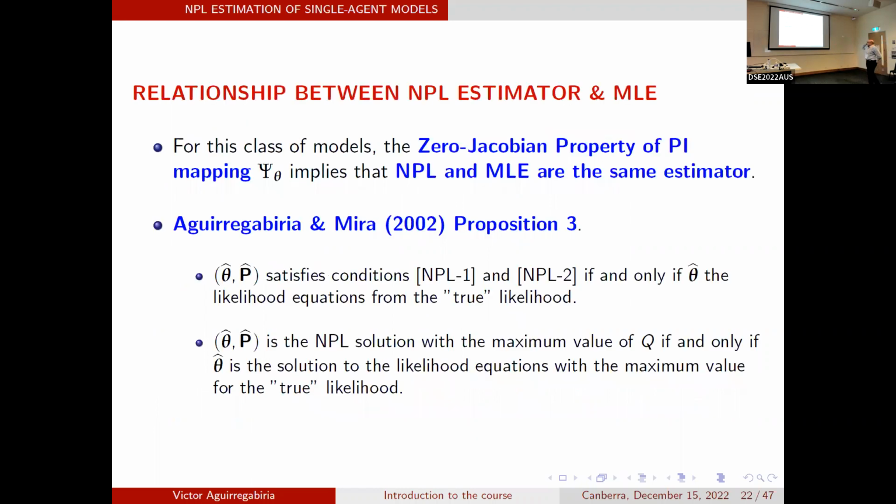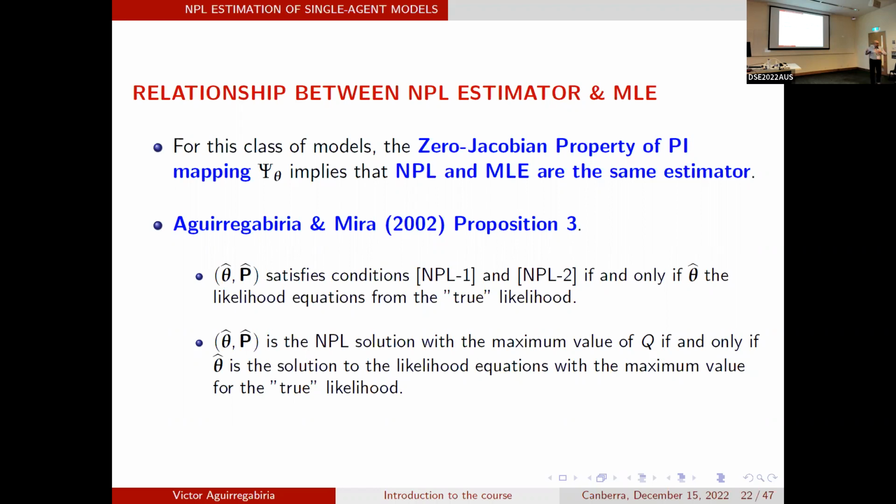Okay. Then in proposition 3 in our paper, we saw that theta and P satisfy conditions 1 and 2 of nested pseudo likelihood if and only if theta is a solution of the likelihood equations using the true likelihood.